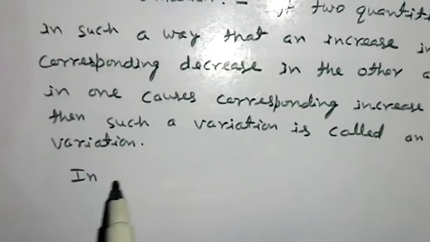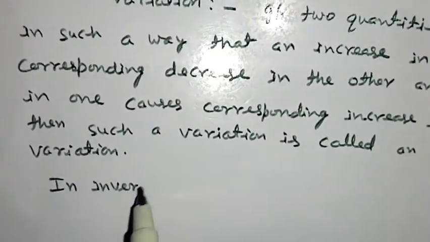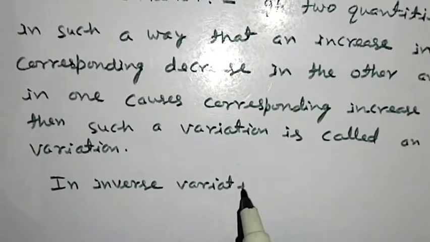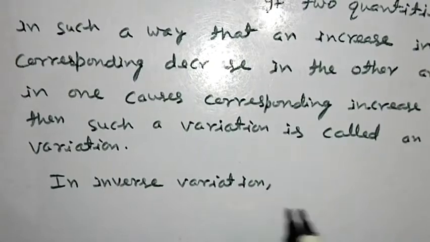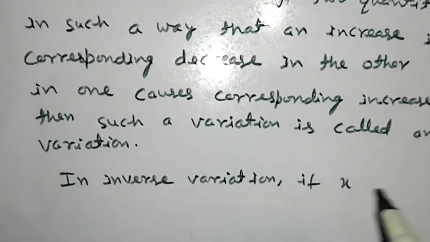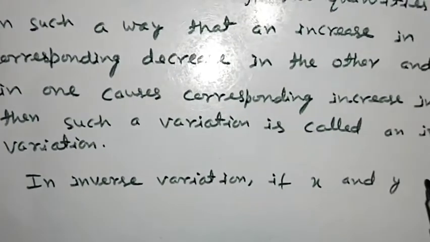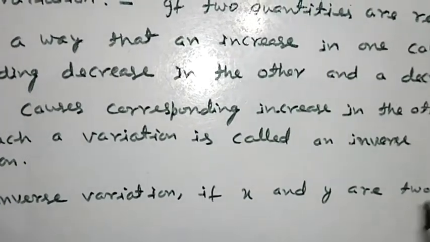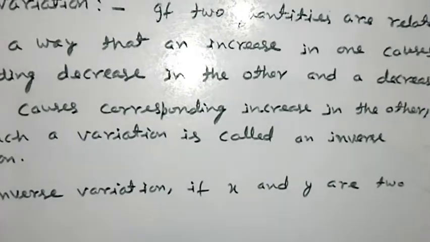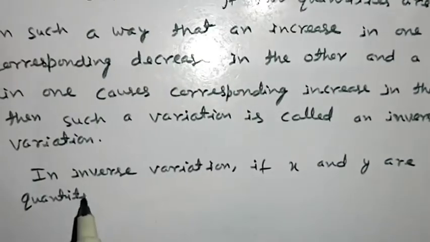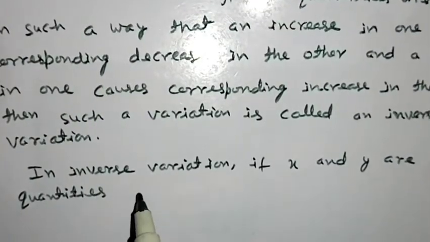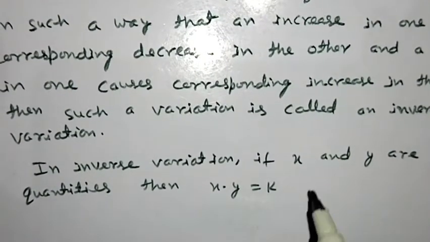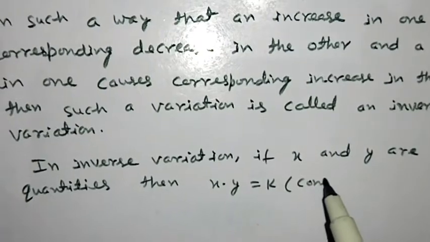Students, in inverse variation, if x and y are two quantities, then x into y is equal to k, that is, a constant.